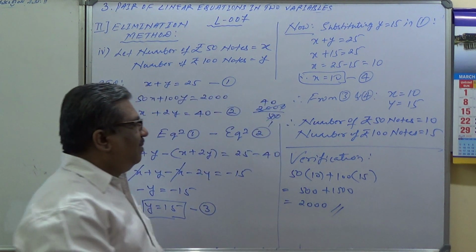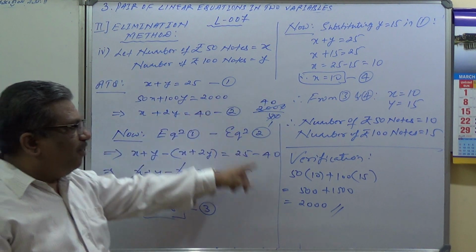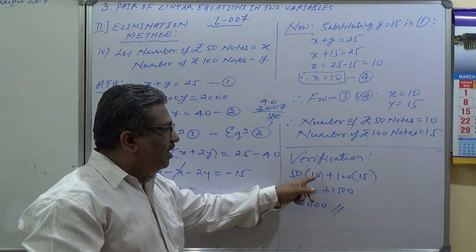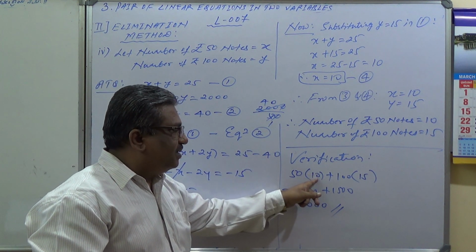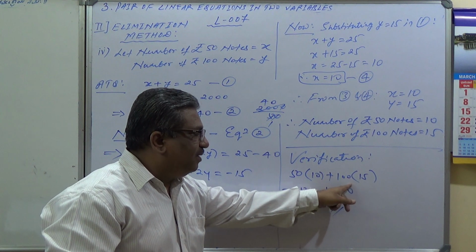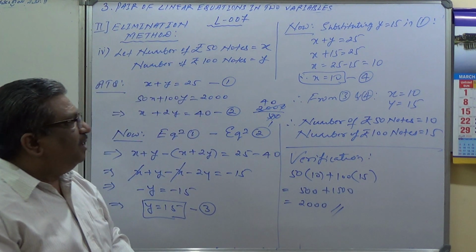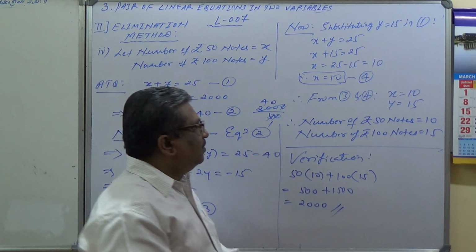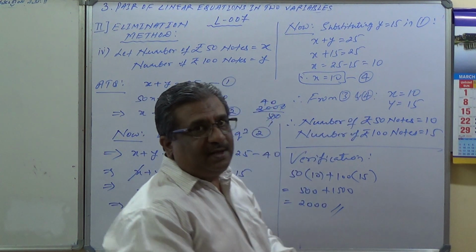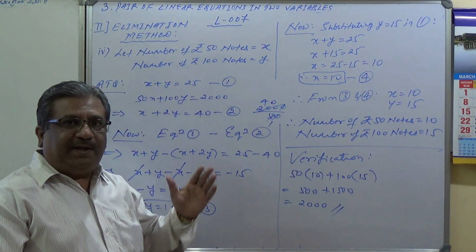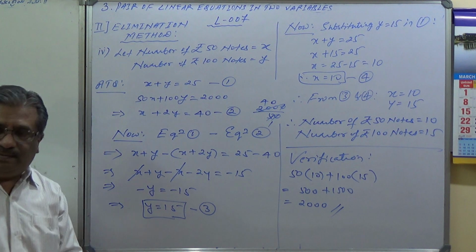Yes, it is satisfying. Means we are getting 2000 amount by substituting the number of rupee 50 notes as 10 and number of rupee 100 notes as 15. Therefore, the final answer is number of rupee 50 notes is 10 and number of rupee 100 notes is 15. I hope it is very clear. Please note it down.